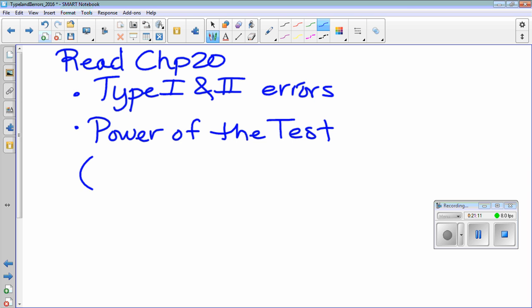And I want you to do the following problems. They really are going to be just to identify the type 1 and 2 errors and tell me what their issues were. Okay? So that's going to be problems 27 through 30. So it's really only four problems.